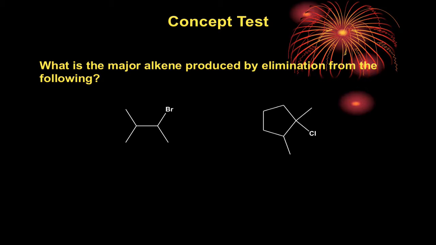Now, what you might be getting to is something like this, where, let's say we have something like that. Now, all beta carbons are different, but beta prime and beta double prime have the same number of hydrogens, right?